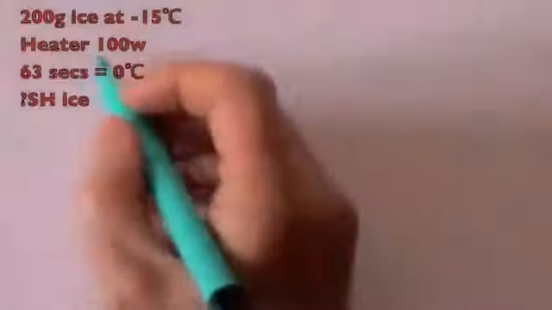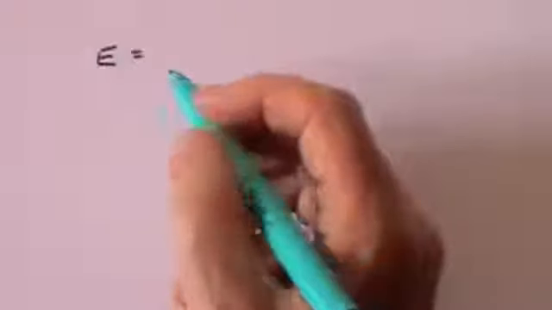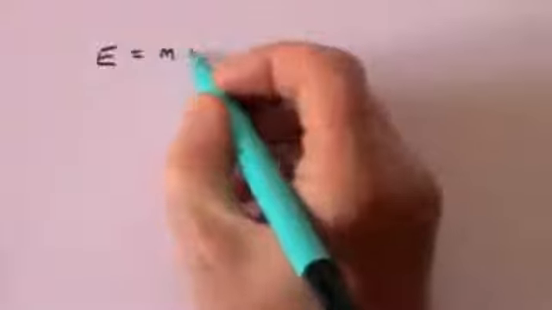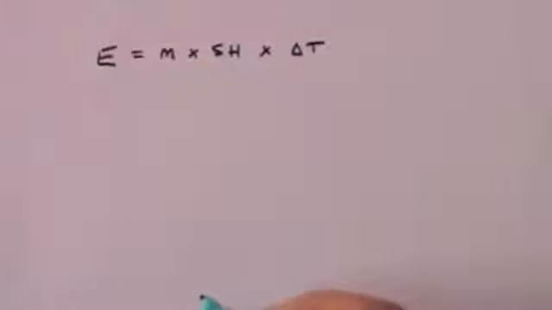Well, we will remember that we need to use the formula that the energy required to raise the temperature is equal to the mass times the specific heat times the change in temperature. Specific heat is what we don't know, that's what we're trying to find.